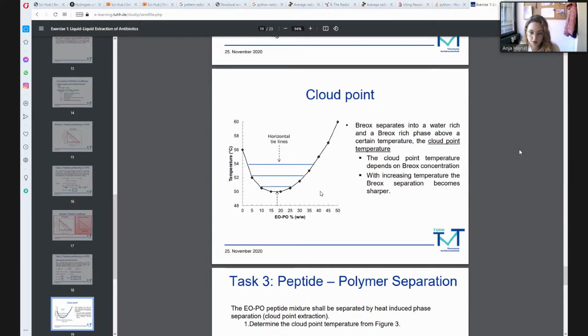In this area, we have only one phase, so everything is mixed. Let's say we have EOPO and water to simplify. And when we heat, we are going to have two phases. This phase on the left, or all these points, is a water-rich phase. And here on the right, we will have an EOPO-rich phase.